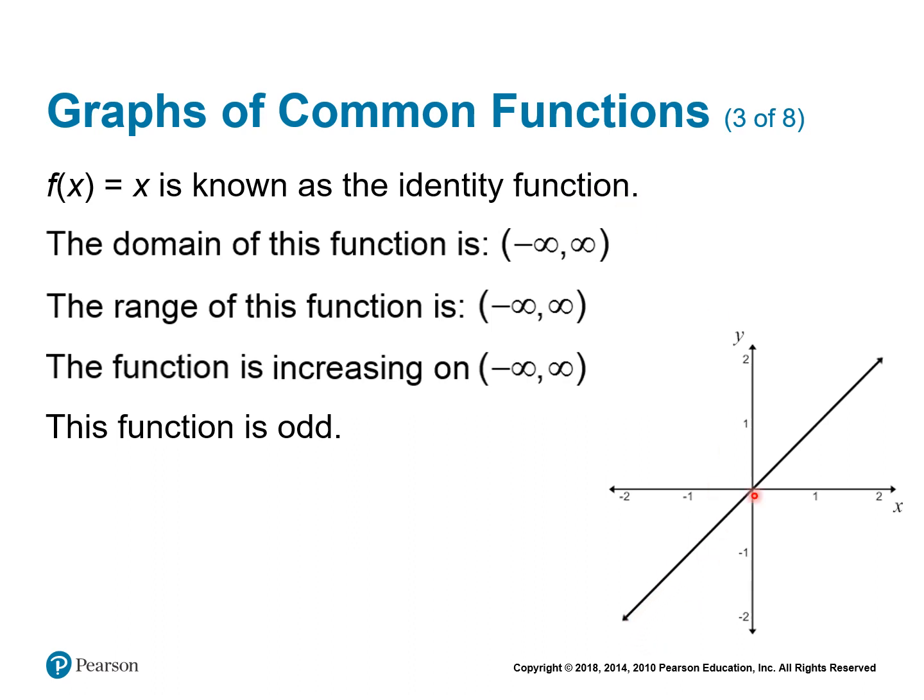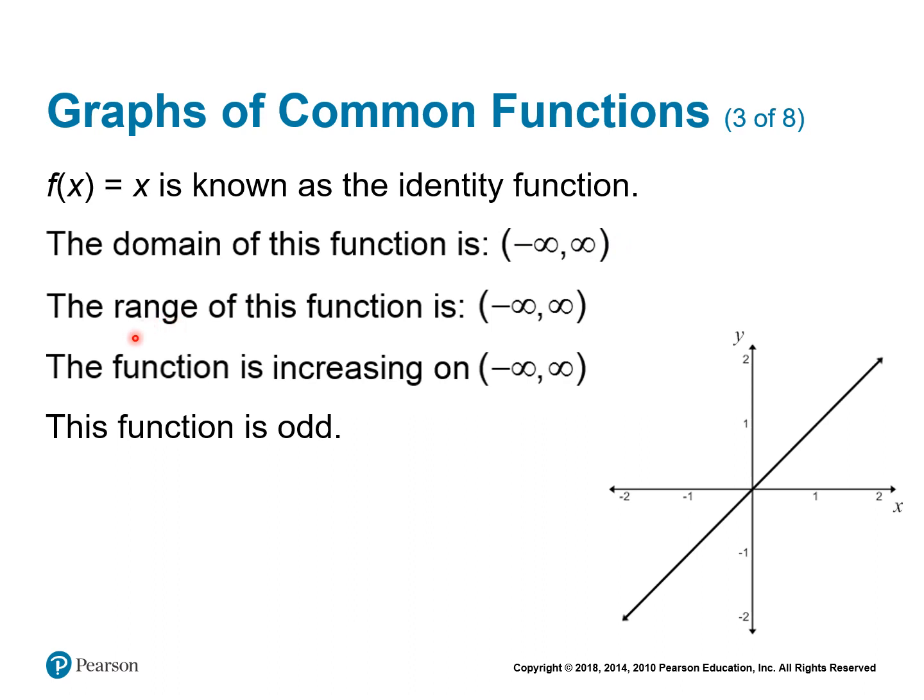The graph is a slanted line crossing the x and y axes at the point of intersection, which is (0, 0). The domain, the x values that can be input into the function: here we can plug in any value of x from -infinity to +infinity. So we write the domain of this function as -infinity, infinity, surrounded by parentheses.